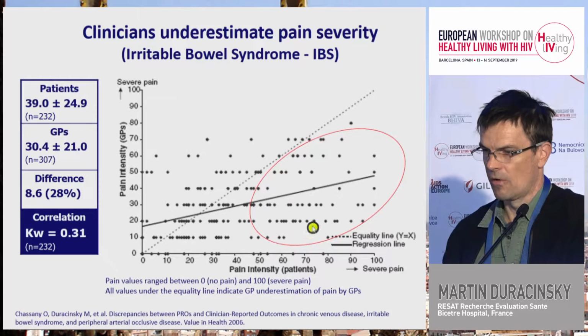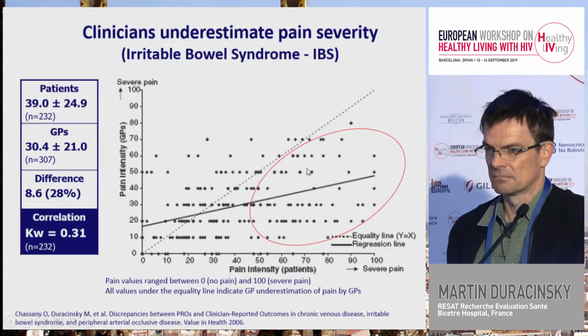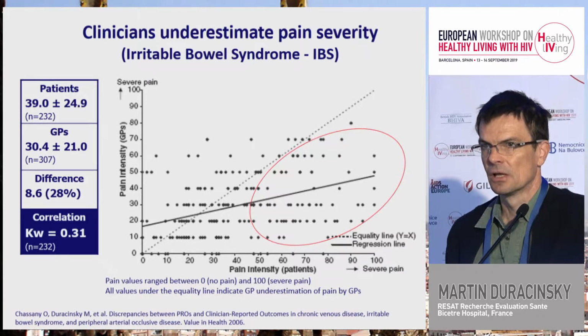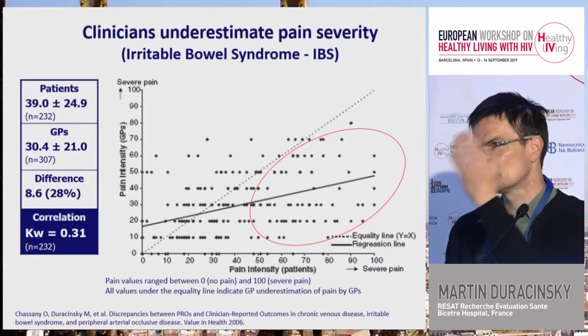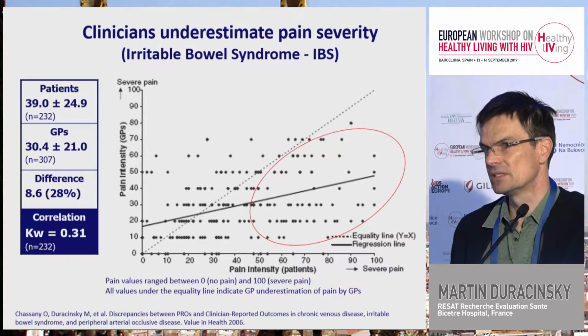So when the patient's pain gets stronger, in all this area we can see that clinicians really underestimate the pain of the patient. But sometimes it can be the opposite. It depends on the representation of the doctor for the disease area.